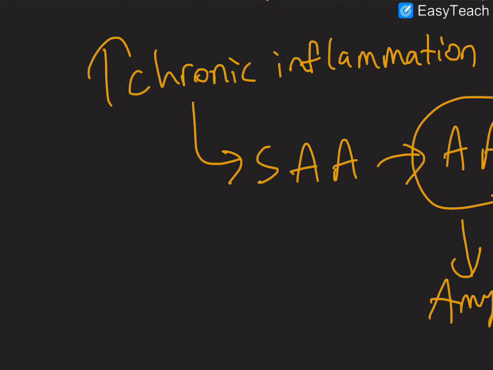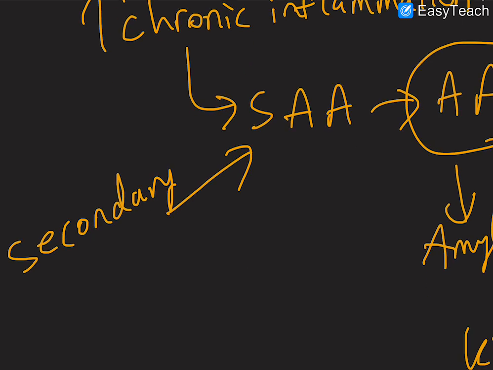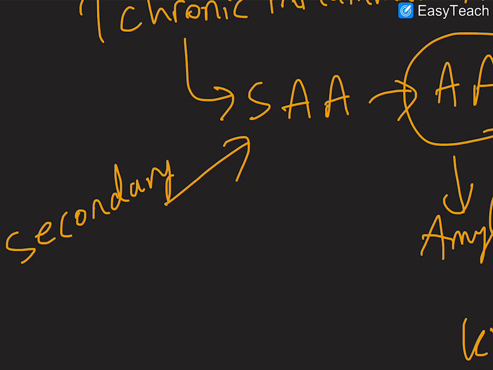So SAA and AA involvement is secondary amyloidosis. Remember, primary amyloidosis relates to light chain amyloid, which is seen in multiple myeloma and certain plasma cell dyscrasias, which we'll talk about later also. So this is secondary amyloidosis.